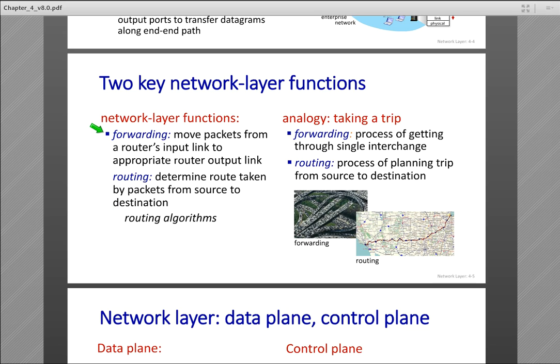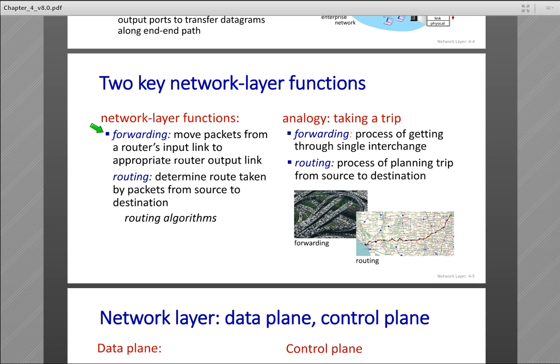The second one is forwarding: moving a packet from one router to another, receiving a packet and forwarding it to the next hop toward its destination.